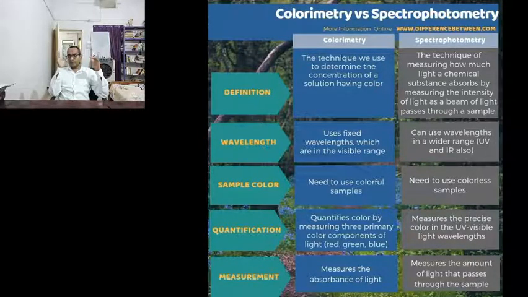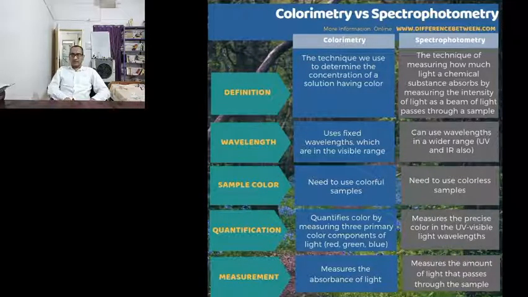It subtracts the intensity of light before passing the sample, that is the sample placed in the cuvette, and the intensity of light that comes out of the sample. So there is a difference between those two intensities and it subtracts it, and based on the value that we got after the subtraction, the concentration of the solute is determined.